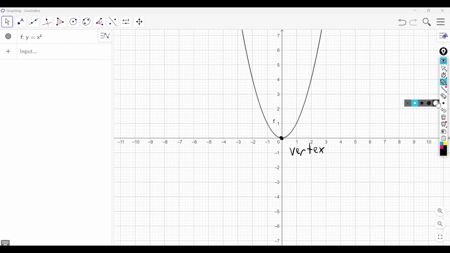I'll try to draw a bit of a thicker line here. I'll use blue. So this is the axis of symmetry. That's all it means. So you can see the parabola looks the same on that side as it does on this side. That's why this is the axis of symmetry. That's kind of where the mirror would be, where it looks the same on either side.